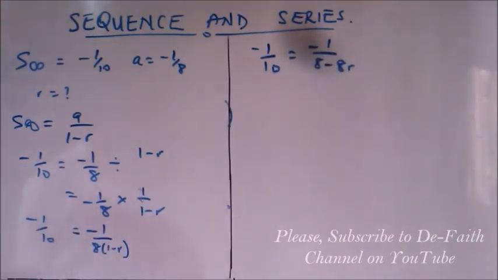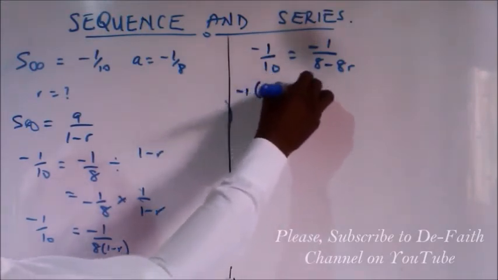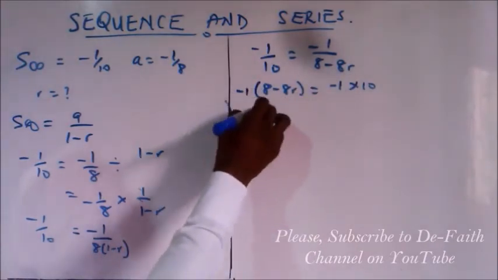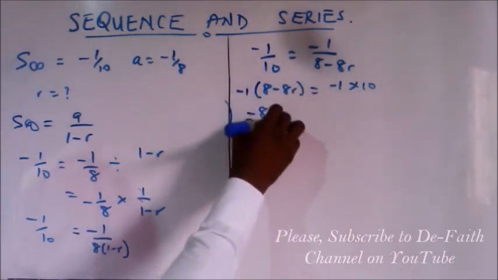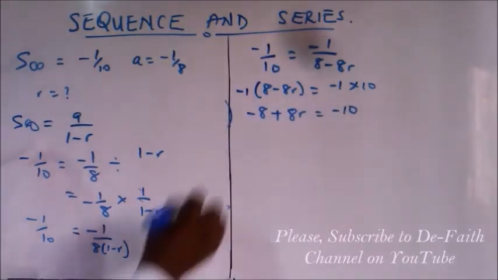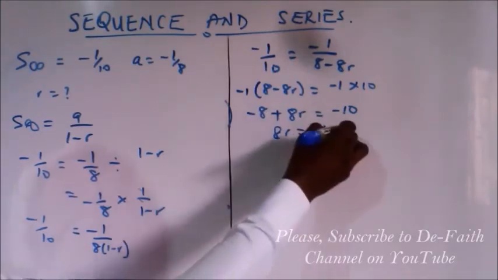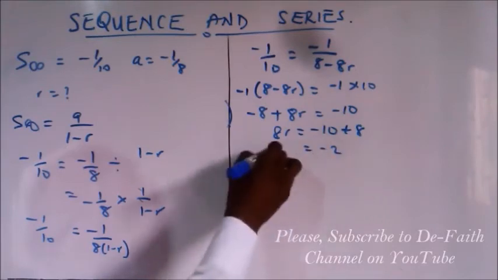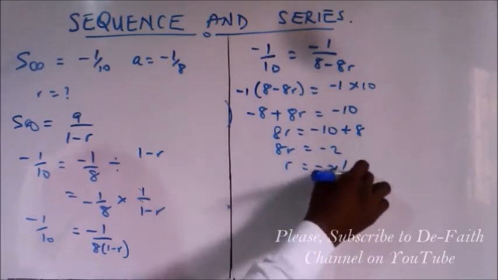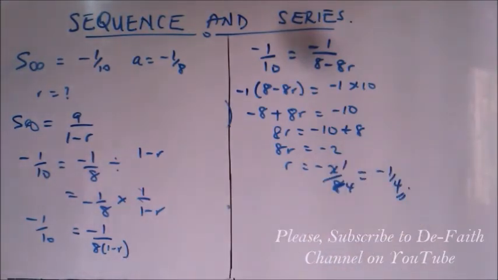At this junction, we will cross multiply. So we have minus 1 into bracket 8 minus 8r equal to minus 1 times 10. Minus 1 times 8, we have minus 8. Minus times minus gives us plus 8r equal to minus 10. We collect like terms, so we have 8r equal to minus 10 plus 8, and that is minus 2. And so r equal to minus 2 over 8. So r equal to minus 1 over 4. Hence, that is the common ratio.